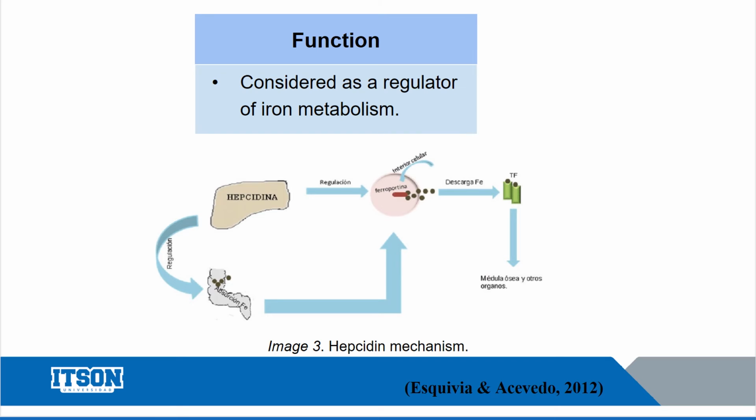In the intestine, hepcidin regulates the absorption of iron in order to avoid an overload of this element in the body. The iron absorbed in the intestine is internalized in the cell, and the process explained initially is repeated.